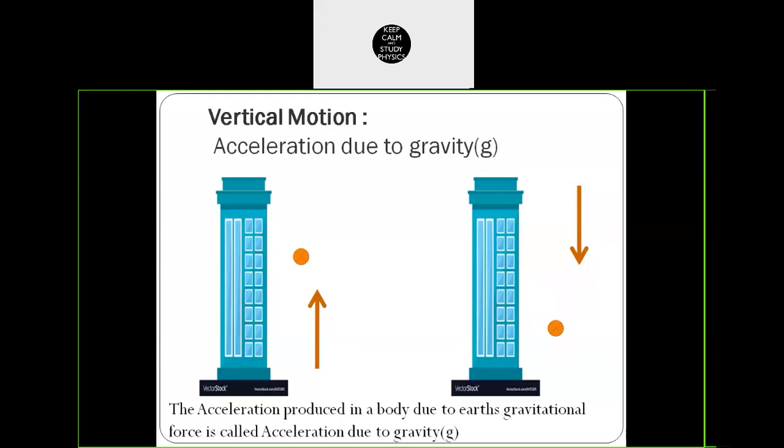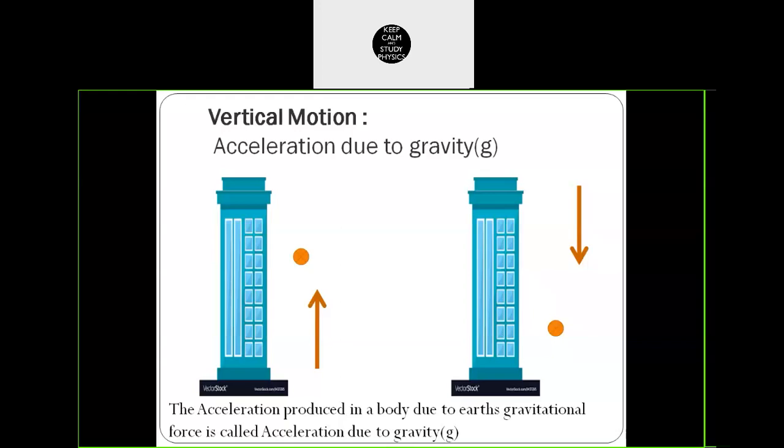So the moment the ball leaves your hand, initially what is its velocity? Zero. Initially its velocity is zero. But as the ball falls down, its velocity gradually increases. Good.